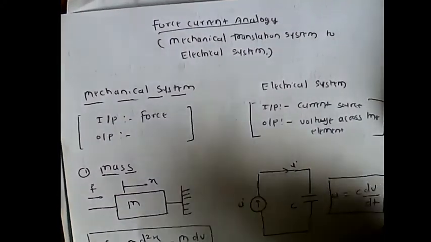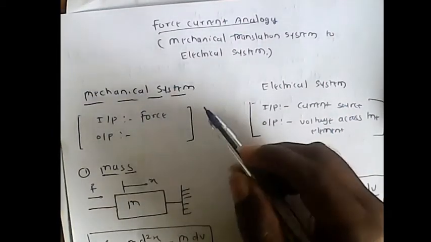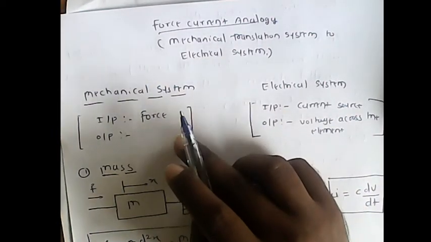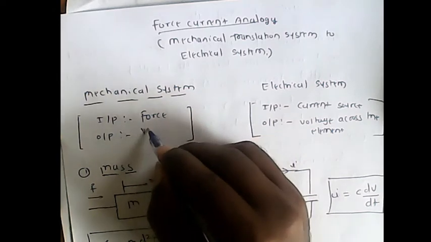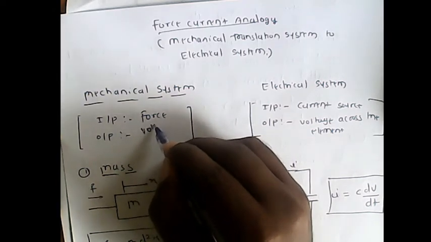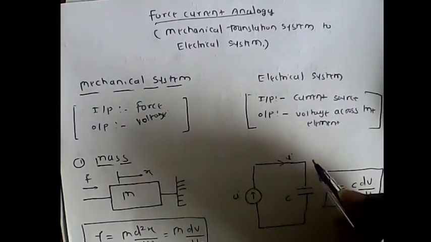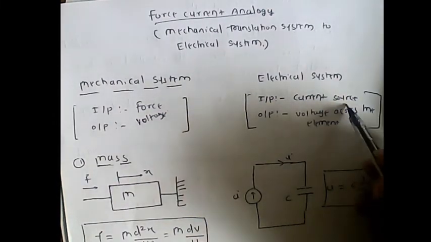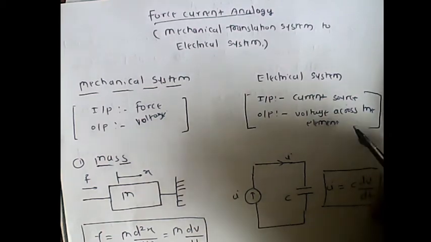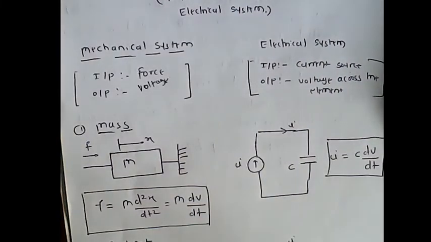So here the mechanical system input is a force and output is a voltage, or we can say velocity, and the electrical system input is a current source and output is a voltage across the element.